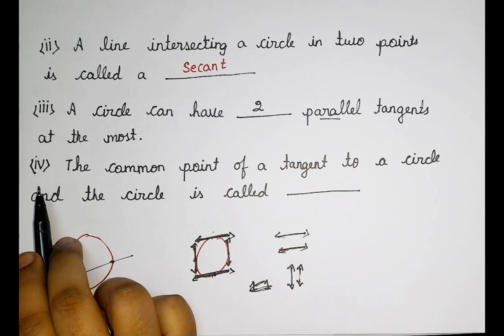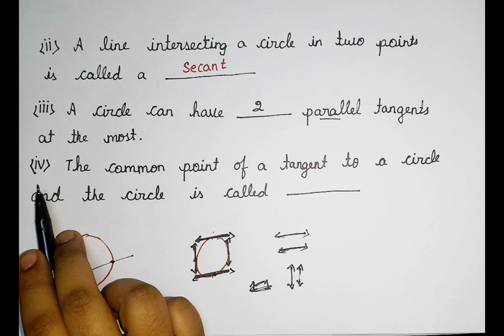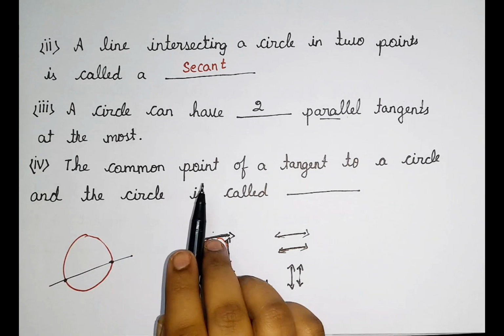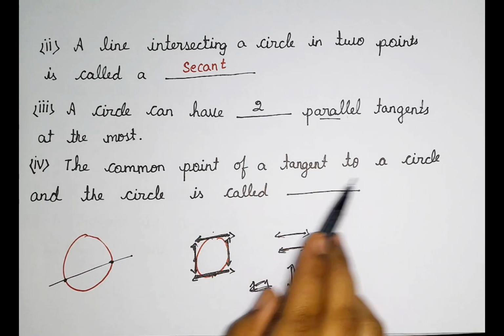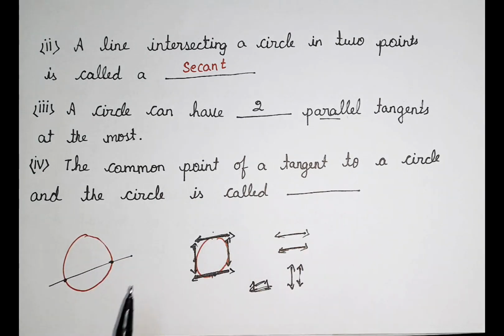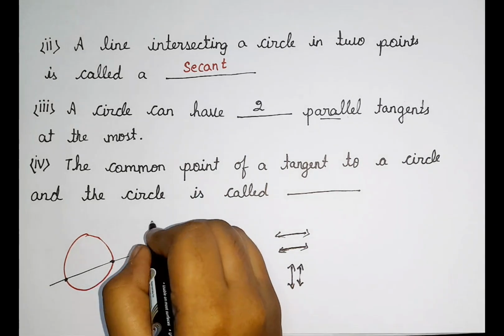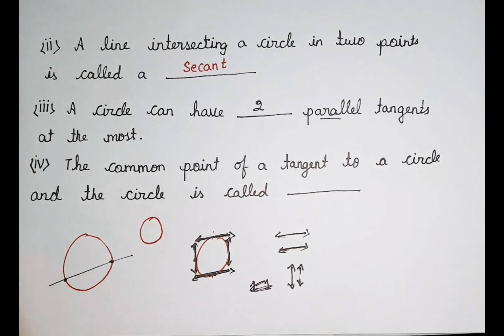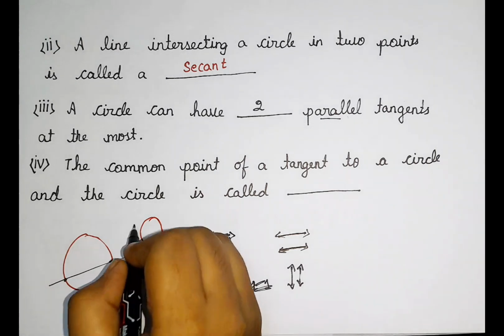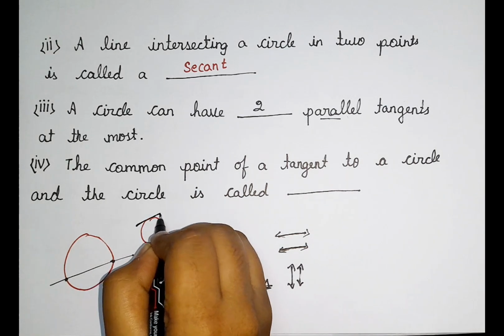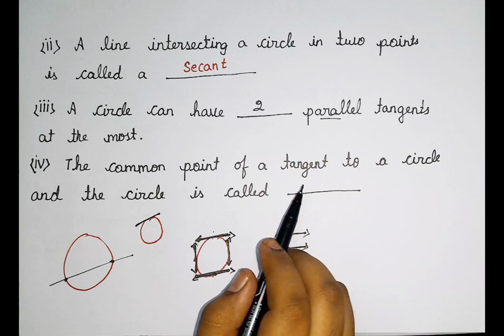Okay, so now let us look at the next question, that is the fourth subdivision. The common point of a tangent to a circle and the circle is called dash. Okay, common point sounds interesting. I will draw another circle. In this circle, we are supposed to draw a tangent. So the common point of a tangent.